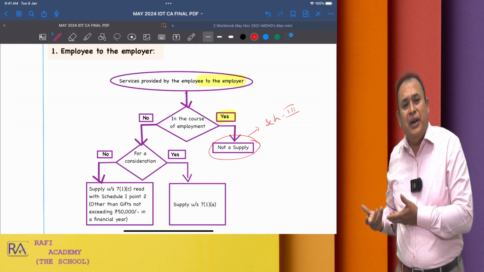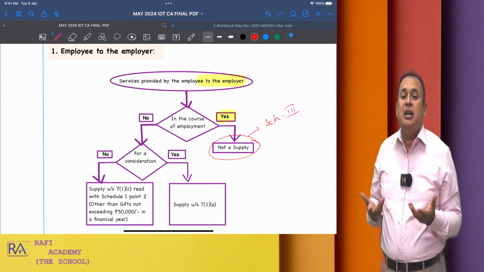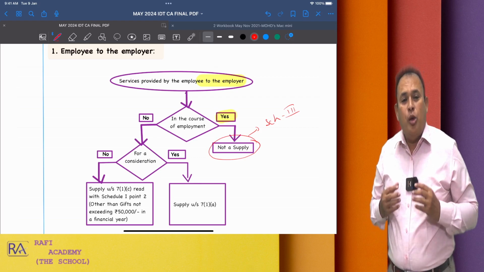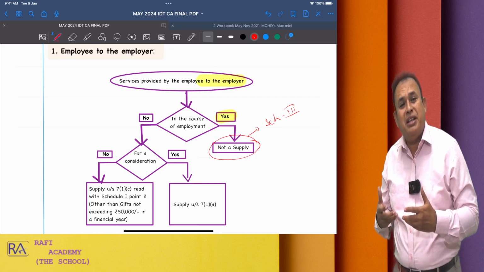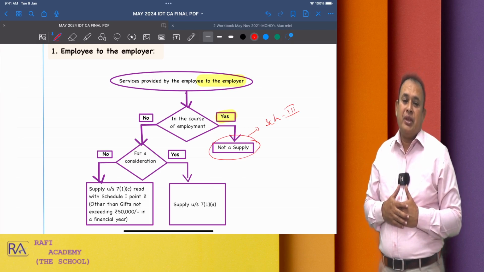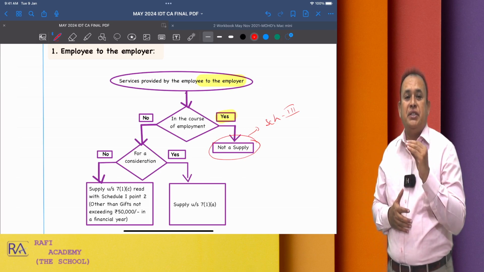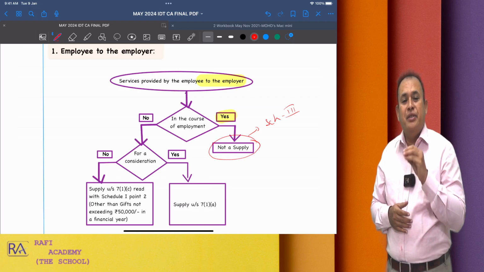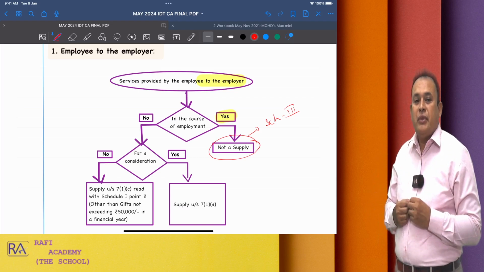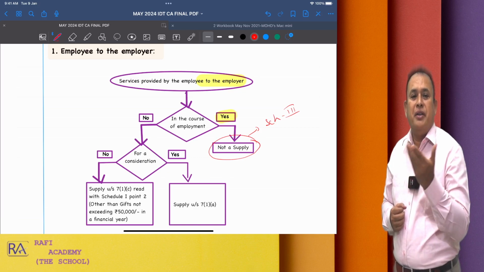Maybe I am a qualified chartered accountant or cost accountant, or I may be MBA finance, like that. I have been employed as a finance manager in MRF Limited, a tire manufacturing company. I am Mr. Rajaram. My employer is MRF Limited.